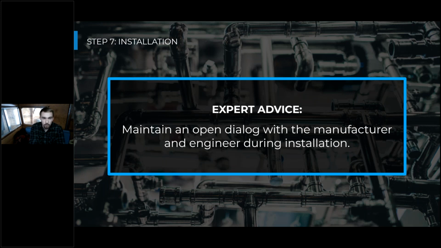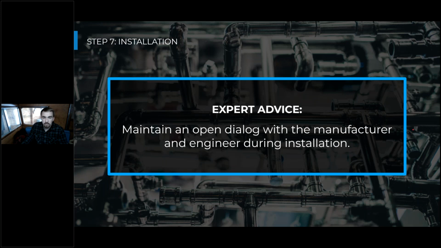So it's really important that first of all, you have all the information you can get, and you've gone through the installation almost in your head or in preparation with the manufacturer, but you also need to make sure that they're available to answer any questions during the installation that may have been overlooked during the design and planning process.